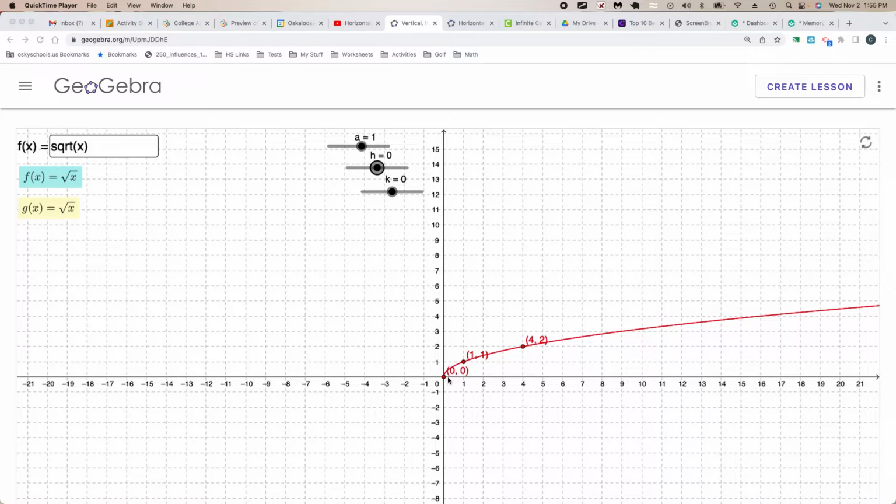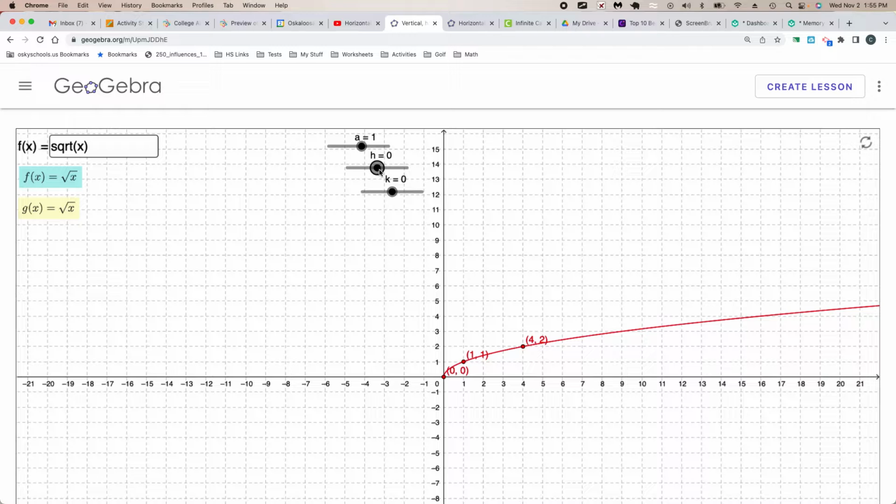Each of these has its own vertex, and I'm going to play with the vertex, which would be the h and k values here. If I grab and drag the h value and increase it to 3 or 4, the function changes to root of x minus 4, because the original function would be root of x minus h, plus k.